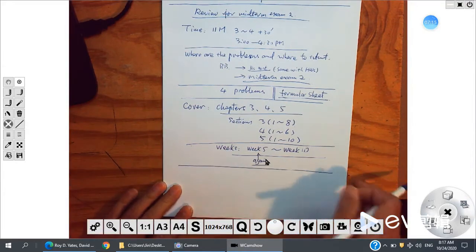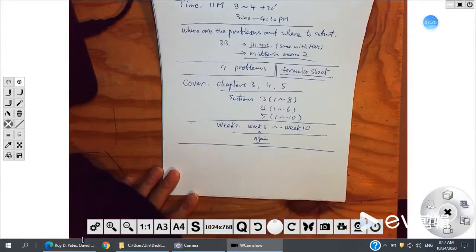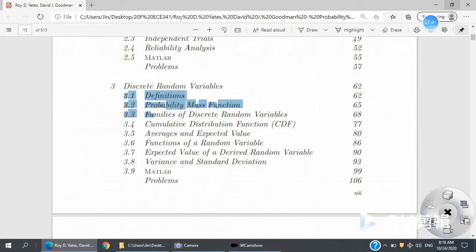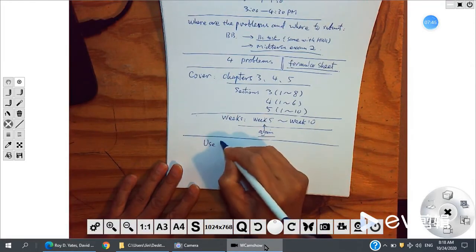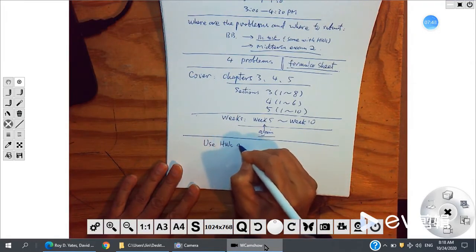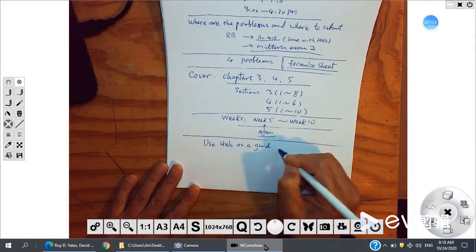And then how to review. Actually, for the textbook to review, you'd better use the homeworks as a guide for review.